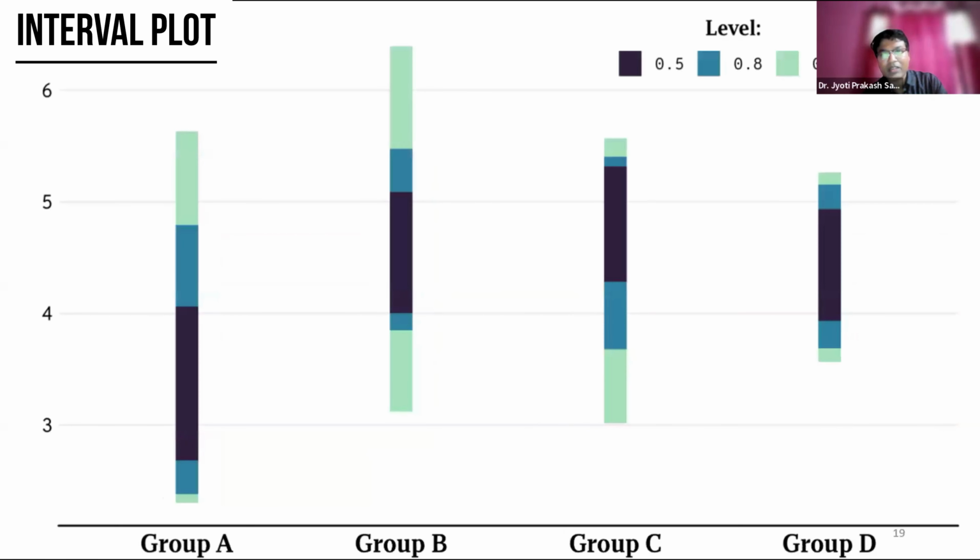Next is the interval plot. This shows 95% of the data. Here they have taken 95% of the data of all the given scores. The middle 50% is colored black.